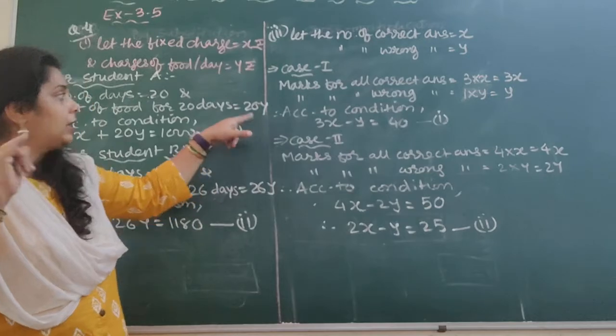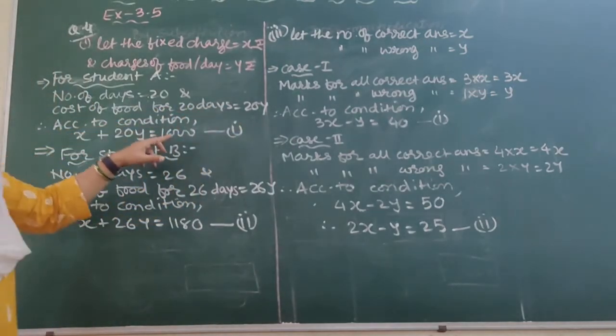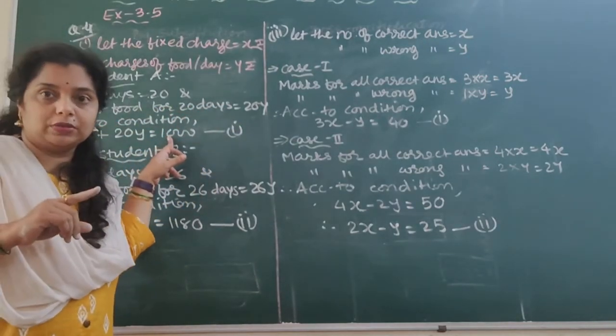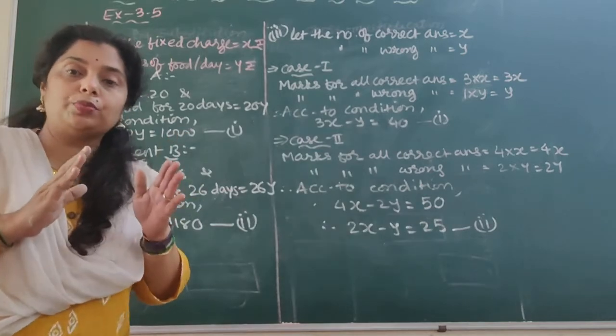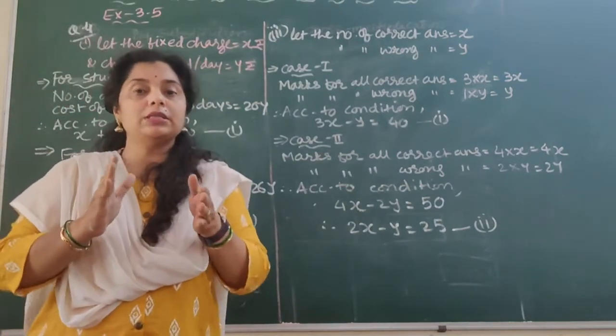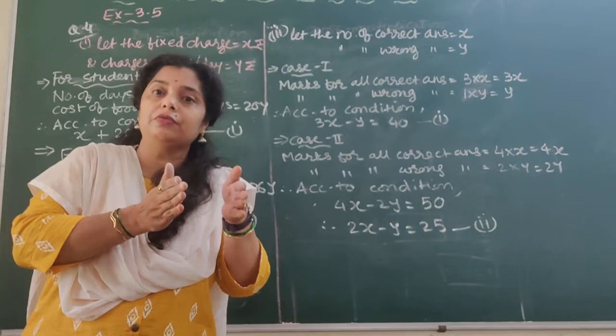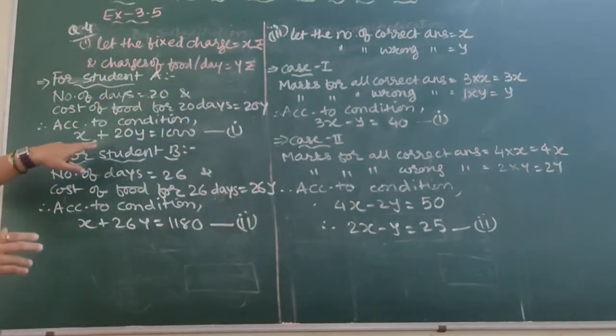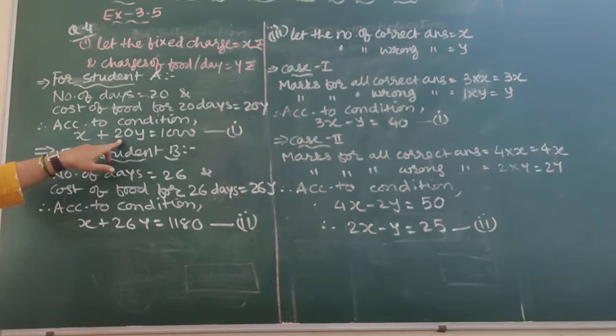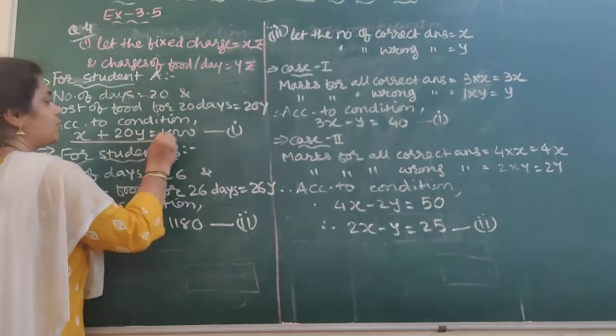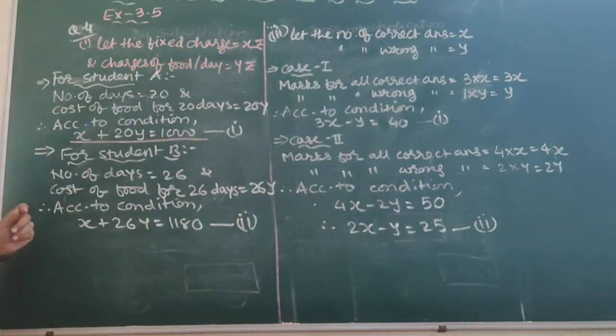Is it clear? Now according to the condition, how much did she pay? 1000 rupees in total, and total means the fixed charge along with the food charge. So the fixed charge is x plus the food charge 20y. Therefore x plus 20y is equal to 1000 rupees.